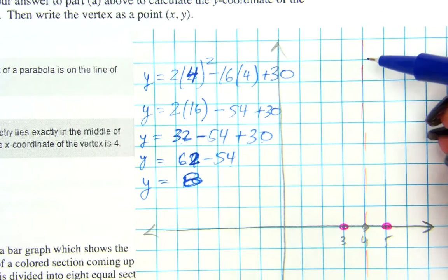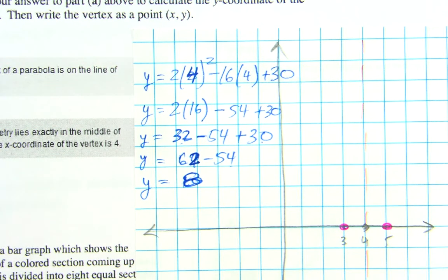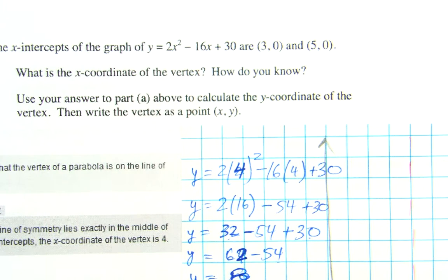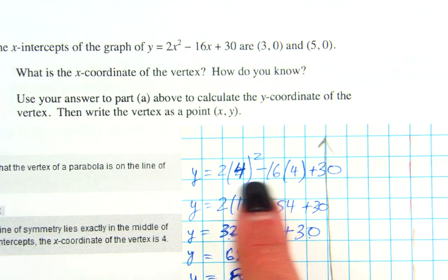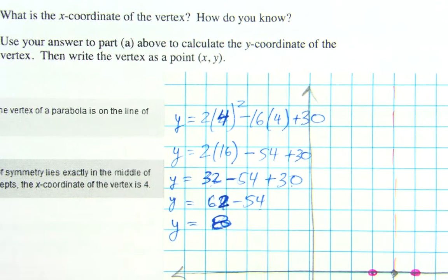Something's funky. y can't be 8, because if it was, that means our vertex would probably be going down, and that can't be possible because our 2 is positive. So I must have done some calculation wrong. We plugged in a 4, we plugged in a 4, that's 16 times 2. No, we did everything right. Okay, now we're just going to have to wait for a second so I can go get the calculator.